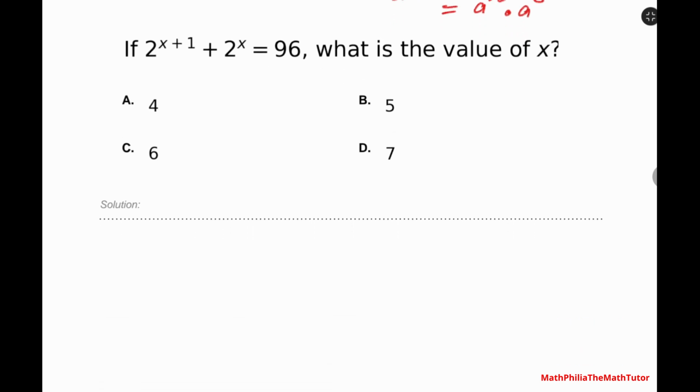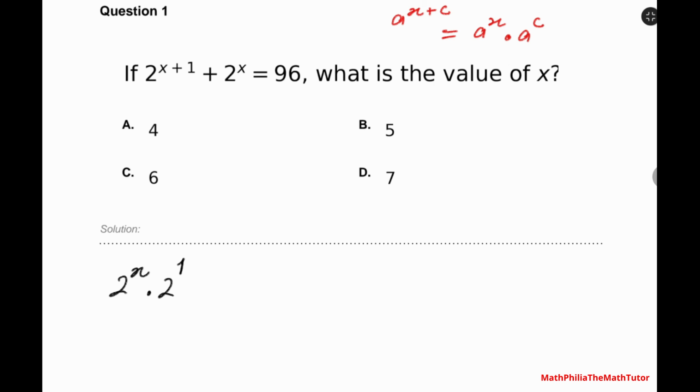Okay, all right, so we have 2 raised to the power of x plus 1. We are going to break this down to 2 raised to the power of x multiplied by 2 raised to the power of 1, as I explained in this example here. Okay, this is the same as this.